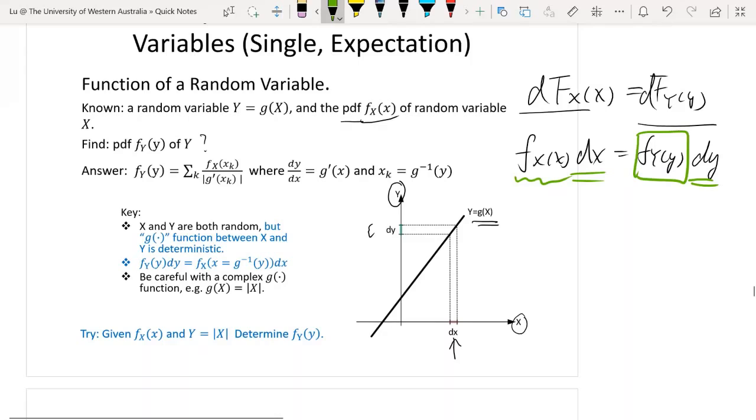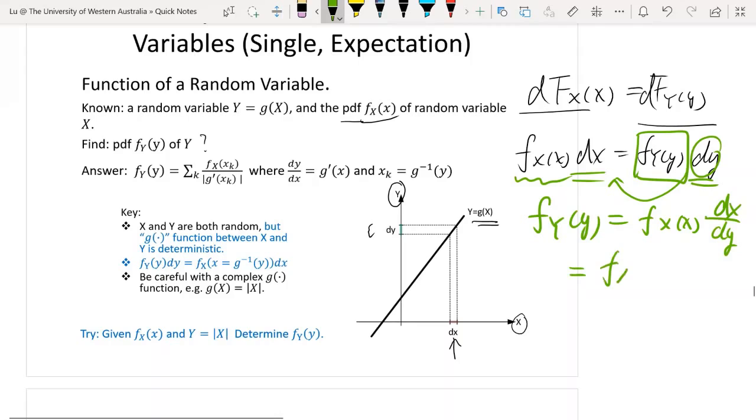f_X(x) is known. Our target is to solve for f_Y(y). So let's just rearrange that. We keep f_Y(y) on one side of the equation and move the dy to the other side. So we get f_X(x) dx over dy, which is equal to f_X(x) multiplied by 1 over, so we just turn this fraction upside down, dy over dx.